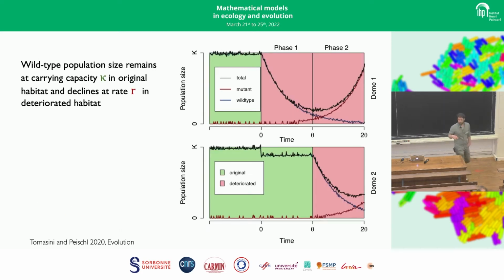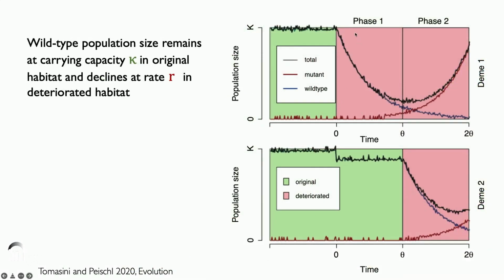And so our model should look something like this. On the x-axis we have time, on the y-axis population size, and we have the two demes here. After time 0, we go into phase 1, where we have deterioration in one deme but not the other, and then both are deteriorated after a time of beta generations. Whenever a deme deteriorates, we assume that the population size declines at the rate r.